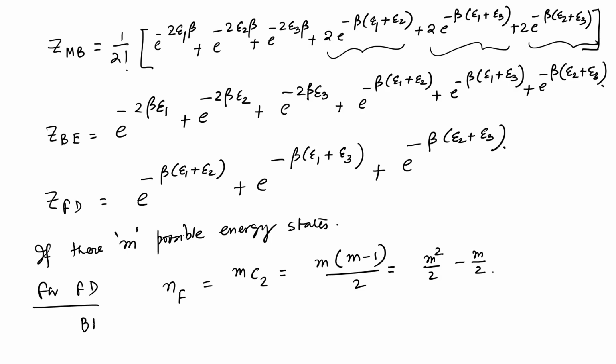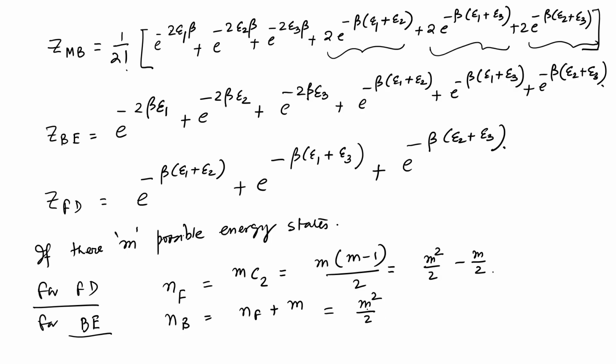For BE, this NB is nothing but n Fermi plus m. Okay. So, this is m square by 2, because the number of 2 particle states for bosons would include all possible fermions and plus m states which have both particles in the same energy.